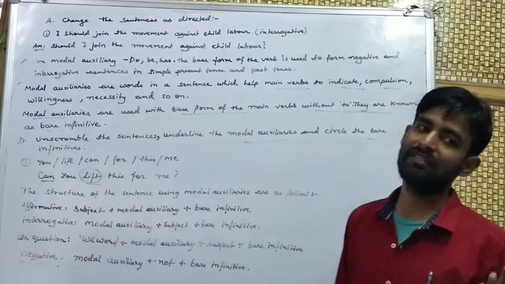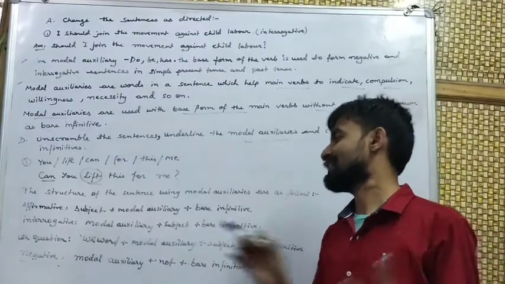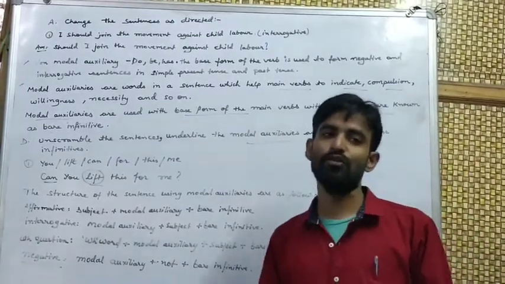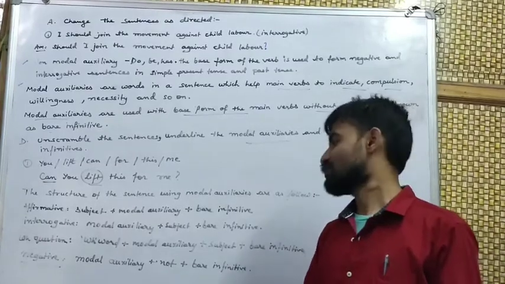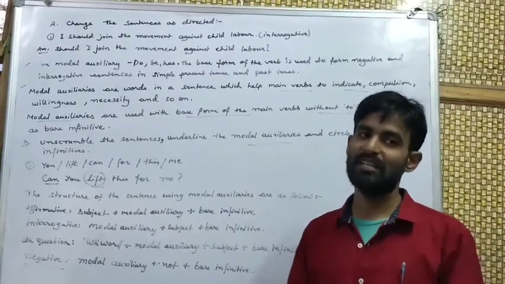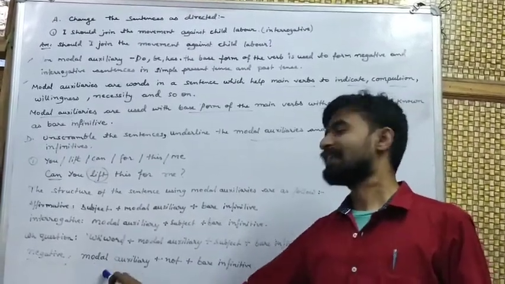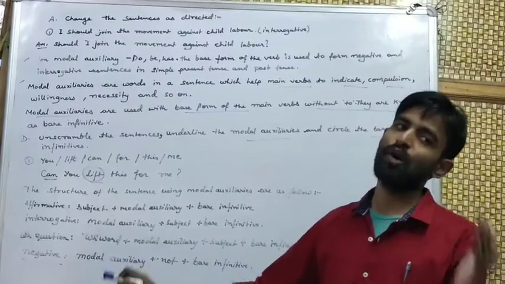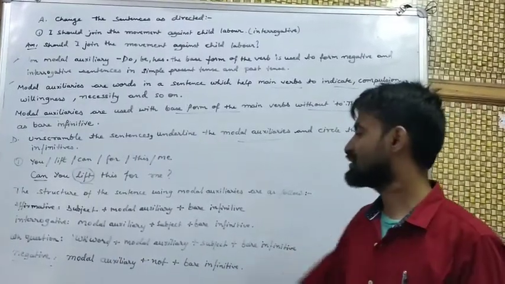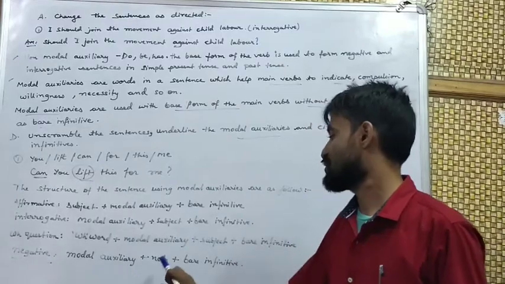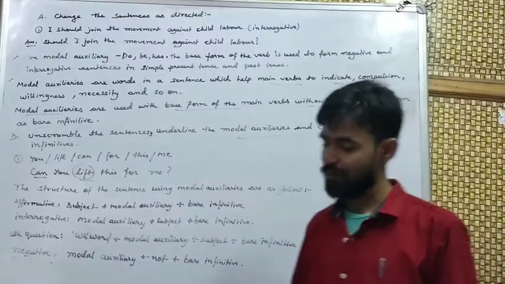Negative sentences. We all know about negative sentences. We know we add not to make a sentence negative. In negative sentences, we use the modal in the front, after that not, and after that the bare infinitive.